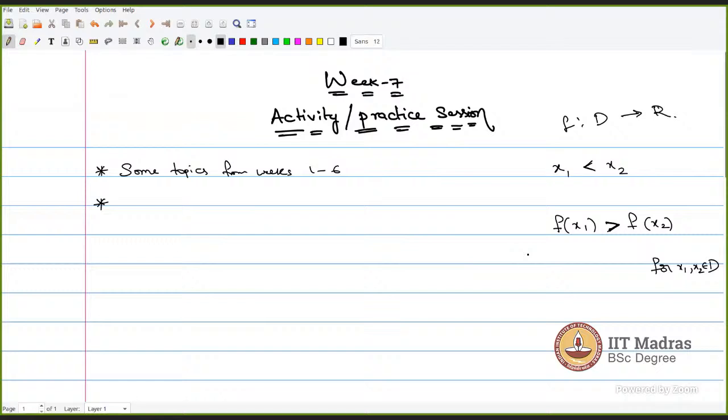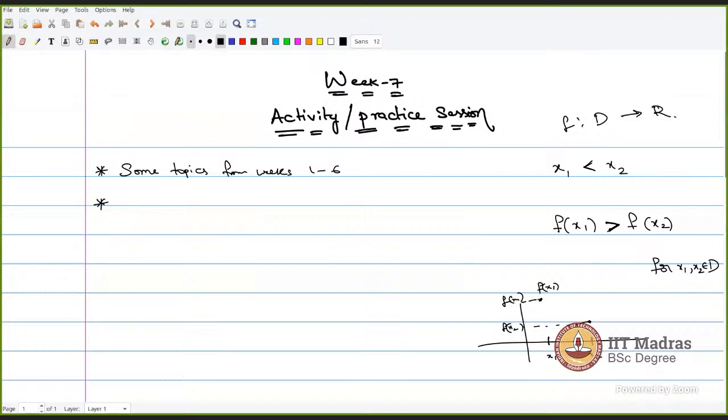Sir, again. Okay. So see, I have some function. I take two values, x1 and x2. If f of x1 is greater than f of x2, clearly f of x2 is less than f of x1, and x1 is less than x2, right?